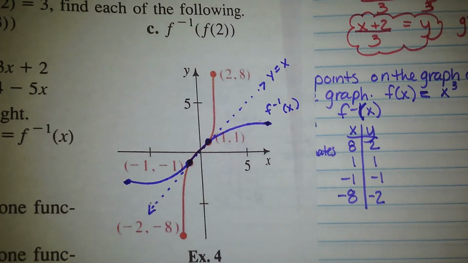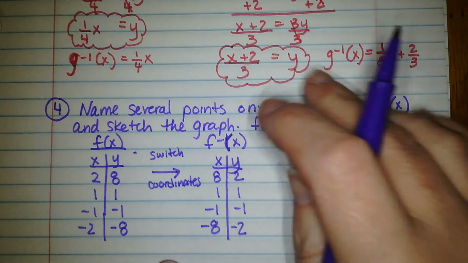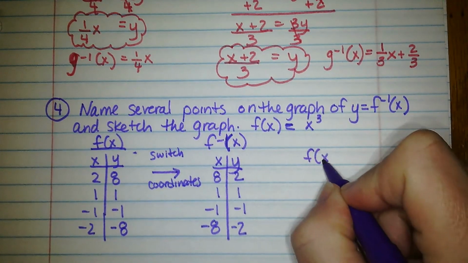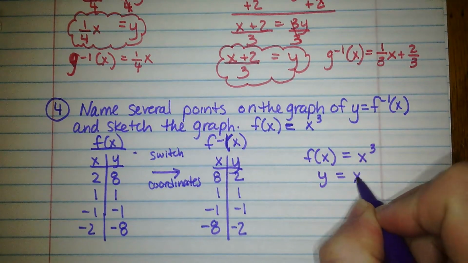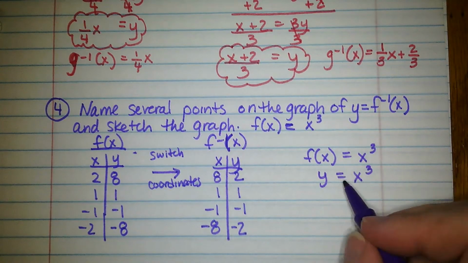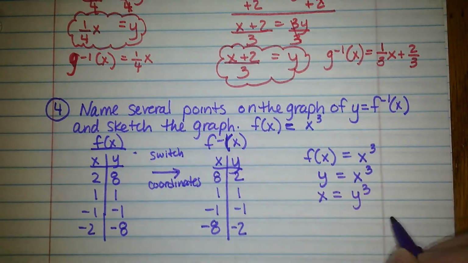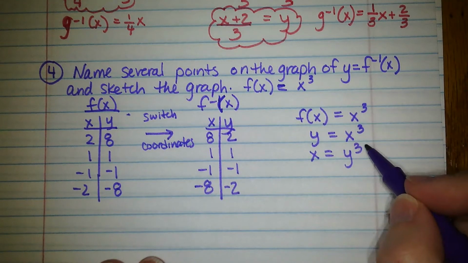And then part B says find a rule. So to find a rule for this, we're going to do the same thing we did up here in number 3. We're going to take our f of x equals x to the third. We're going to change f of x to y. And then we're going to switch the variables. After we switch, we have to solve for y. So to get y by itself, I have to get rid of the third power.